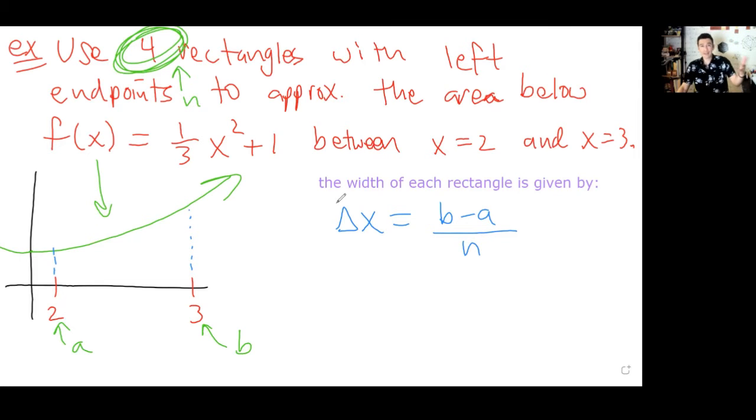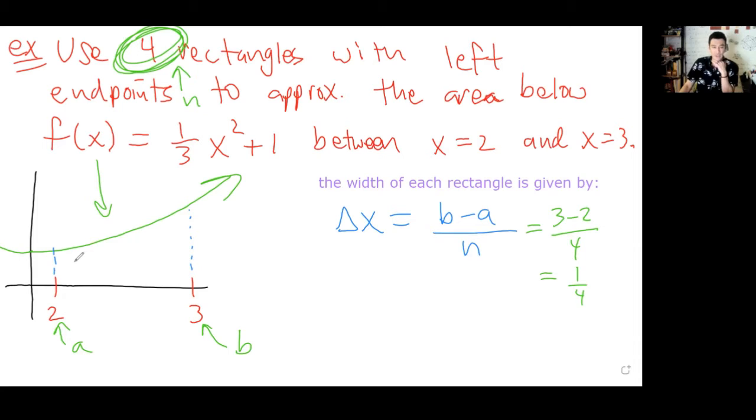So the number of rectangles is n, and b and a are the endpoints. Delta x is just the symbol we use to represent the width of each of these rectangles. Let's plug in these numbers. For this problem, it's 3 minus 2 over 4, which is 1 over 4. That's going to be the width of each rectangle.